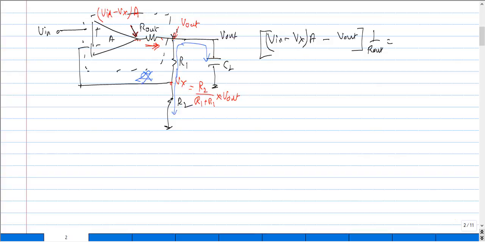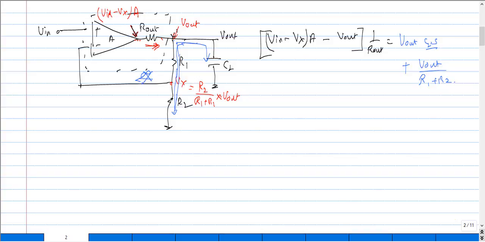Now rewriting these currents, the currents that are leaving this node could be something like this, right? The first current component is nothing but V out times the impedance, which is 1 upon this quantity, so that it comes to the numerator, plus the current that is flowing through this branch, which is nothing but V out divided by R1 plus R2.